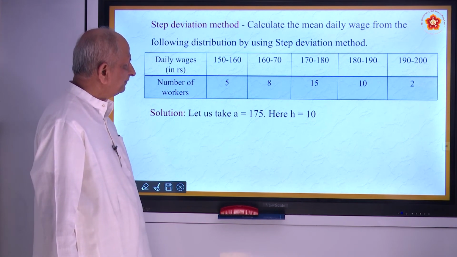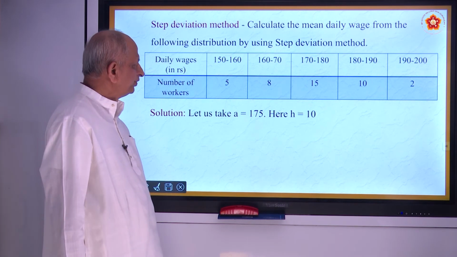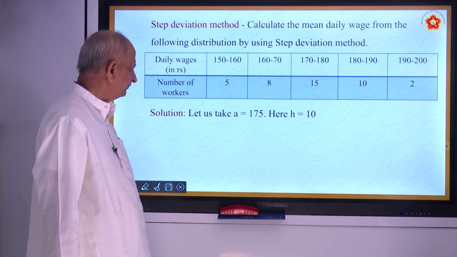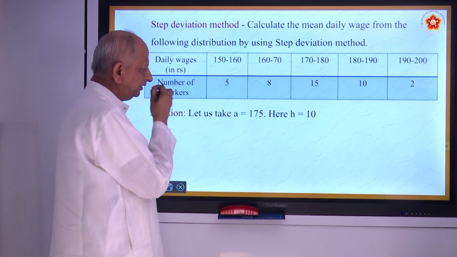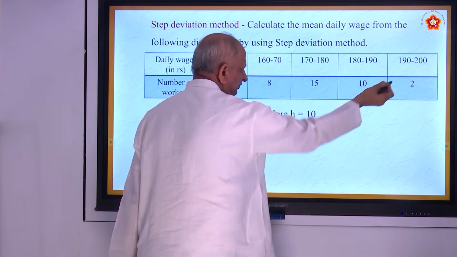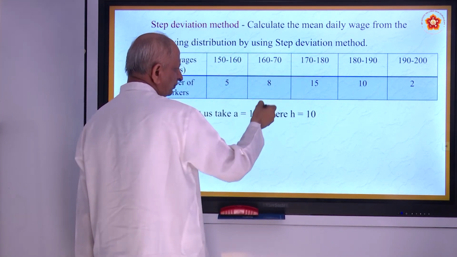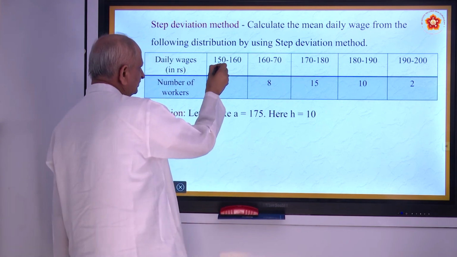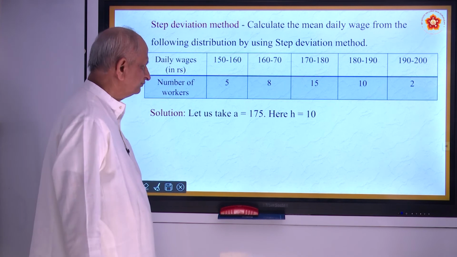Calculate the mean daily wage from the following distribution using the step deviation method. Let us take the assumed mean as 175, the middle one, because there are odd numbers of classes, 1, 2, 3, 4, 5. And h as the size of the class interval, that is 10.